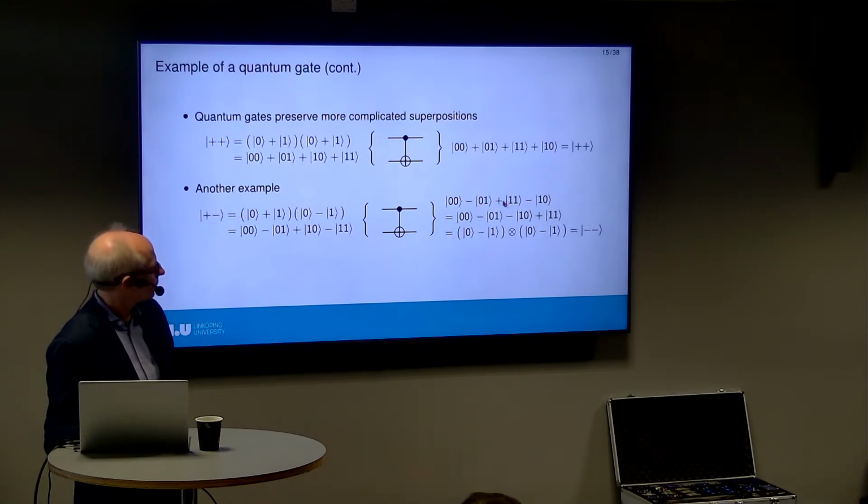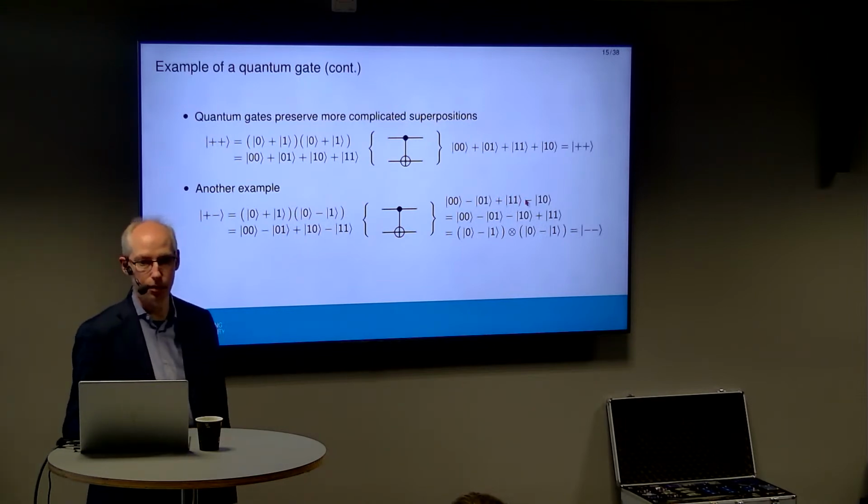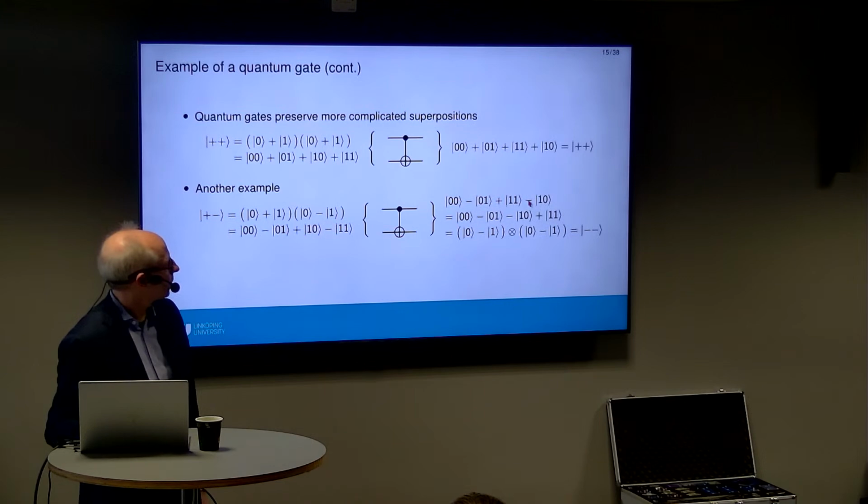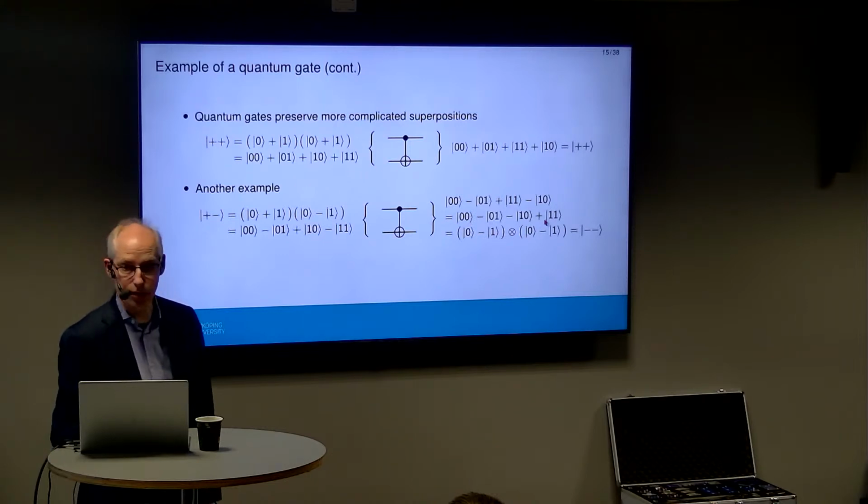And now I can see here the order does play a role because the signs are different. Okay, so let me reorder them so they are in the same order as before. It turns out that this superposition here is actually equal to this. If both are 0, you get a plus sign. If both are 1, we also get a plus sign.